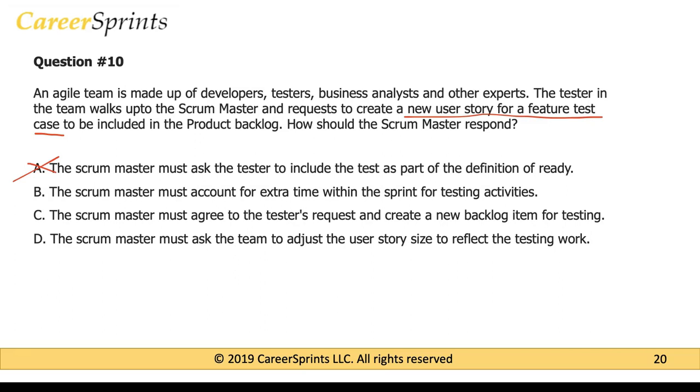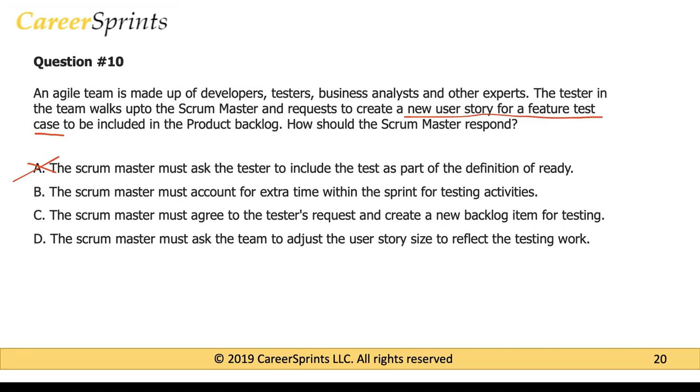Option B: The Scrum Master must account for extra time within the sprint for testing activities. Any new work that is identified within the sprint, first of all, the team will need to collaborate and figure out how they are going to accommodate that work within the sprint. And any user story that you write has to have a test case associated with it.